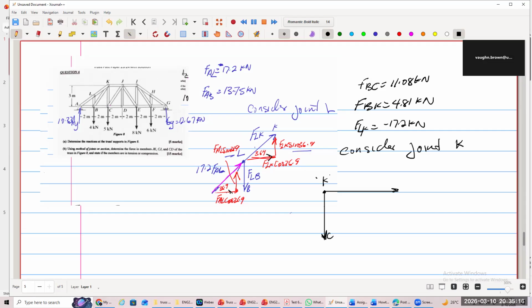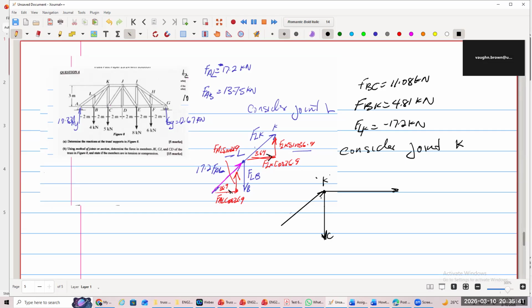What was LK again? LK was a compressive force, so it must be going into the joint. LK going in. We're going to put it as compressive and change it.